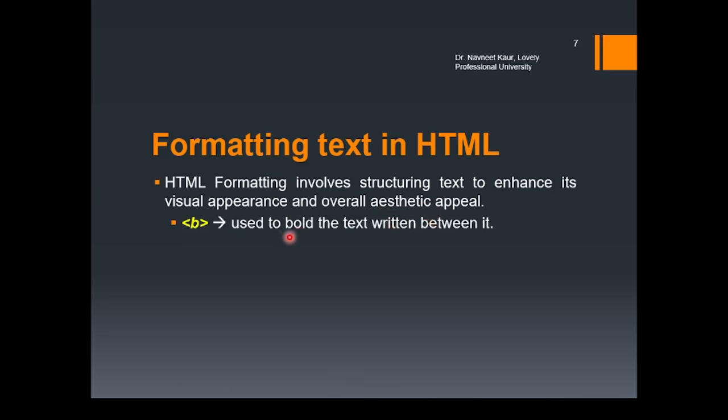The first one is the B tag, used to bold the text written between it. Then you have strong, used to show if the text is important. Both B and strong tags are used to make your text slightly thicker than normal. Visually, there is no difference between the two.